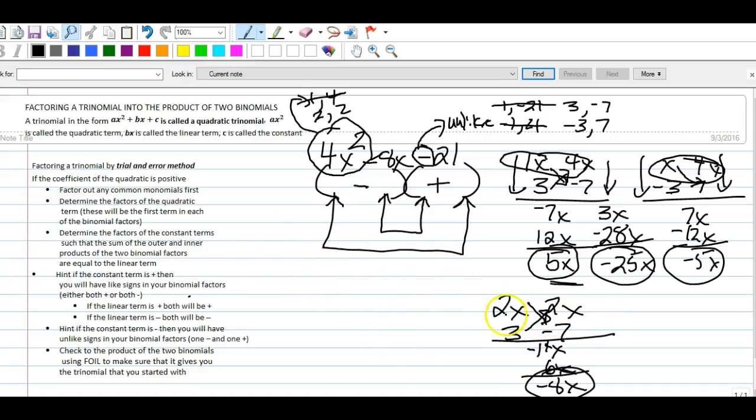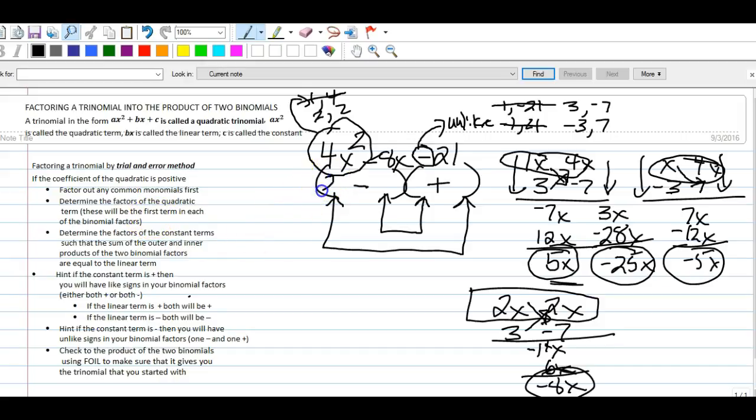Now, the combinations for the factors for the quadratic term are 2x and 2x, and the factors for the constant term are 3 and minus 7. So I need to make sure that I get those in the right place up here. Now remember that the factors for your quadratic term will give you the first term in each of your binomial factors.